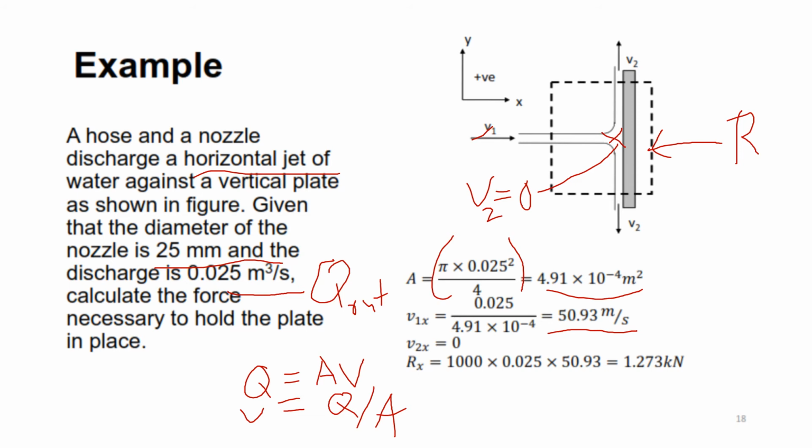Rx is the density times the Q, not density times V. This is the Q, 0.025 is the Q, then times the V. So you get Rx as 1.273. The unit of force is Newton.